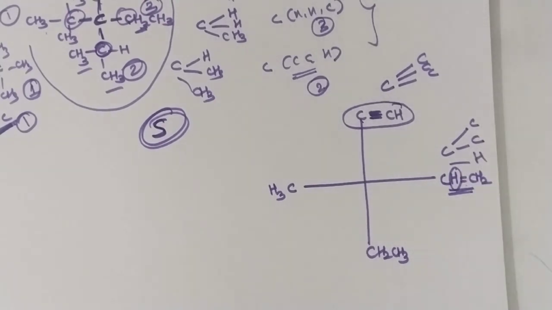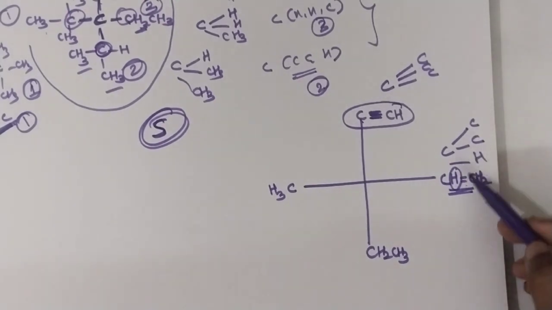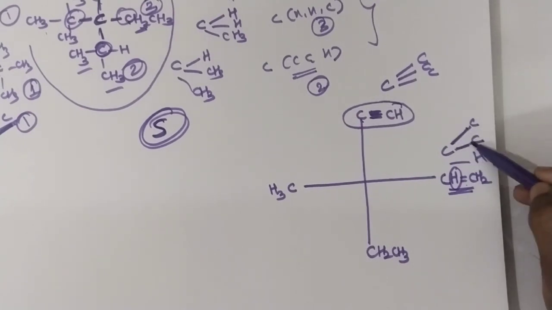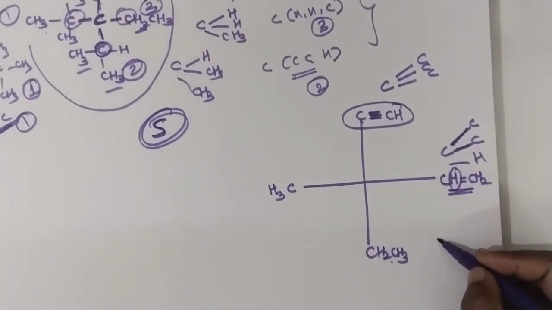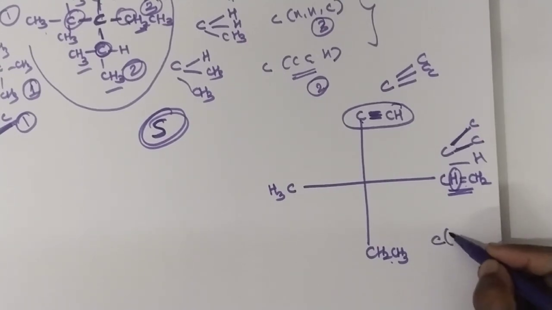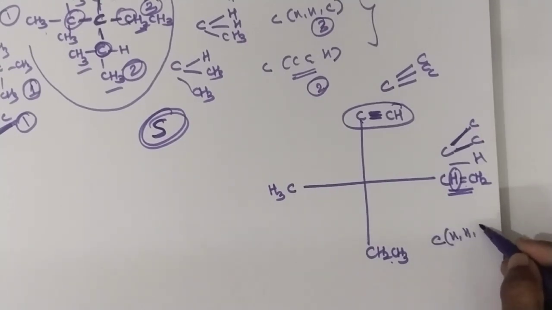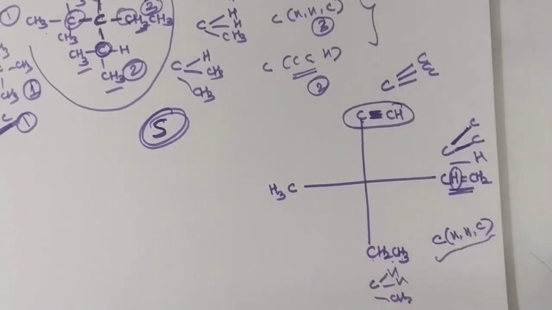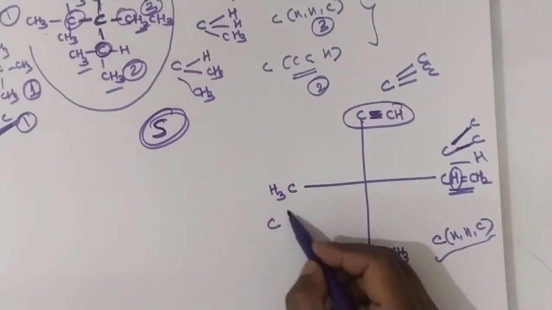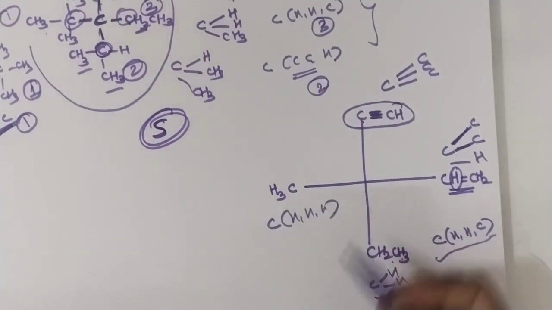Double bond means you have to convert them into 2 different single bonds. It is simple. And in this case carbon is attached to hydrogen, hydrogen and carbon, because CH2, CH2, CH3. Hence, it will be like this. In this case, carbon is attached to 3 hydrogen atoms.